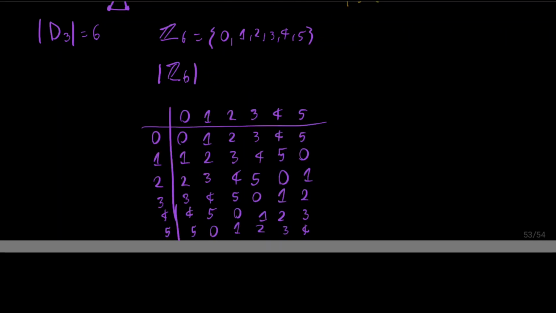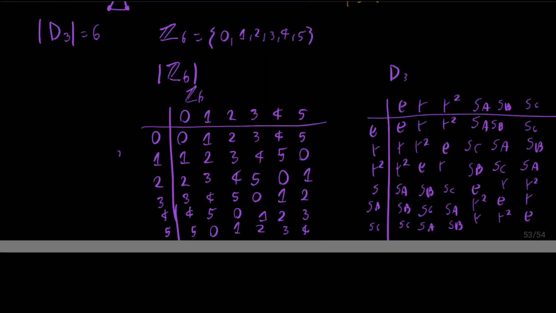And this is the Cayley table for Z6. And now let's write a Cayley table for D3 here on the right. And here we go. Just note that I denote the other reflections not as rs, r squared s, but just as A, B, and C, to basically represent the reflection that reflects around the vertex A, B, and C respectively.